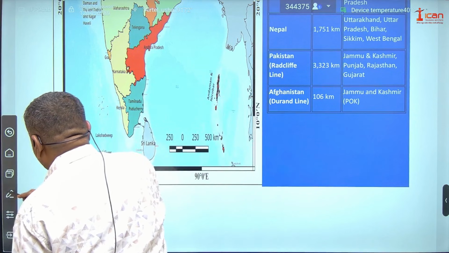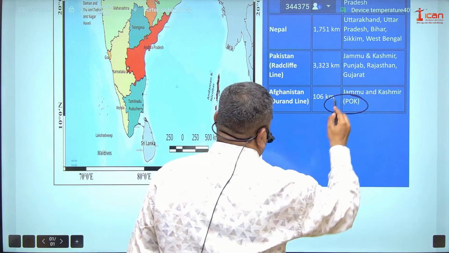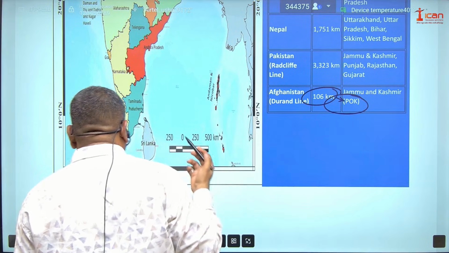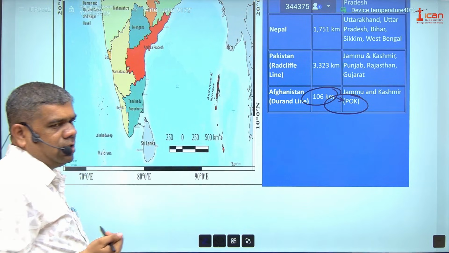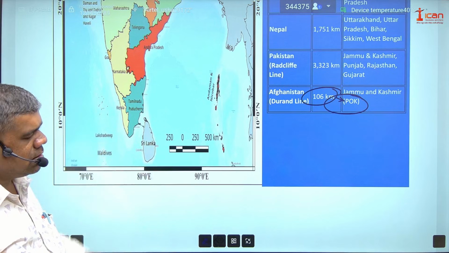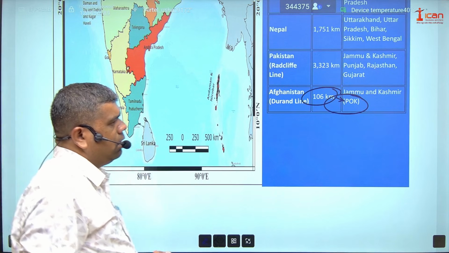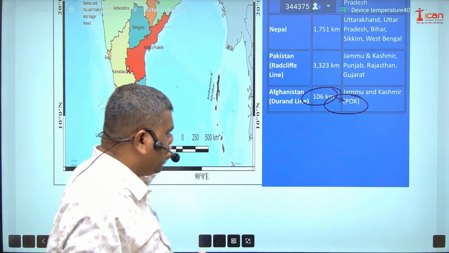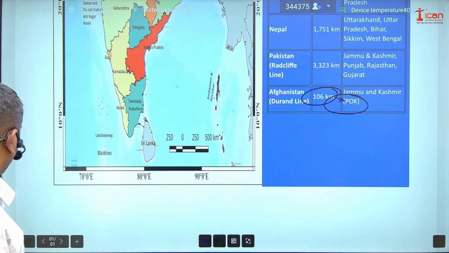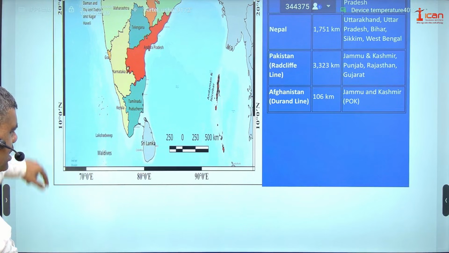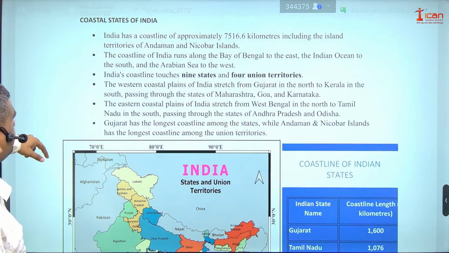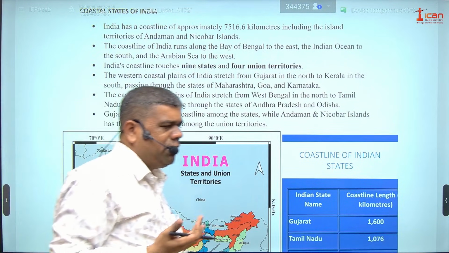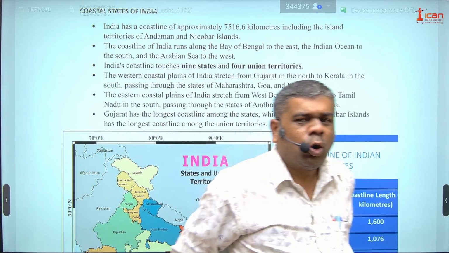That border with Afghanistan is currently in POK, but it is a part of India itself. It is a part of the sovereign territories of India. But right now, it is under POK occupation. But in the map, it is still a part of India. Now, if you see, India is actually a peninsula, which means it is surrounded by water on 3 sides.